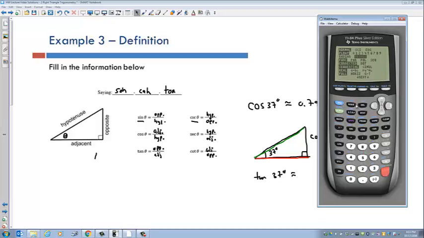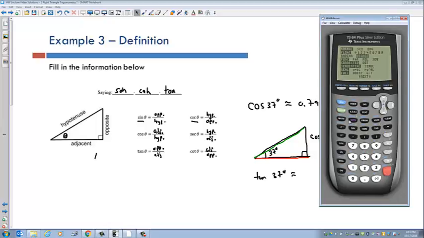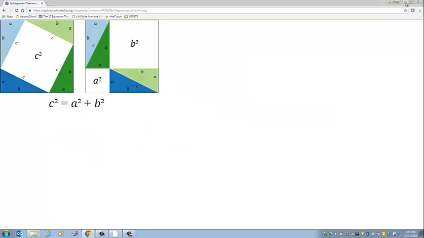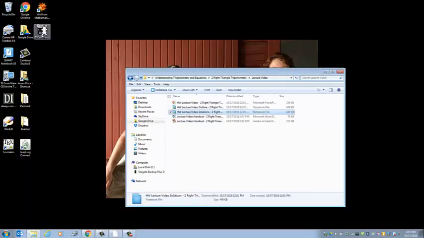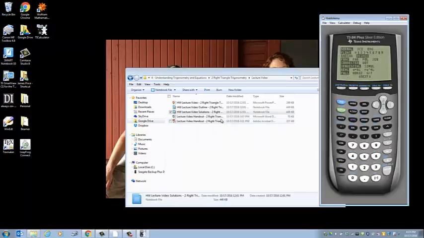So hit Enter, and then second quit. Oops. I think I crashed this program. Hold on. So let me open it up again. All right, let's try this again. So Enter, second quit.